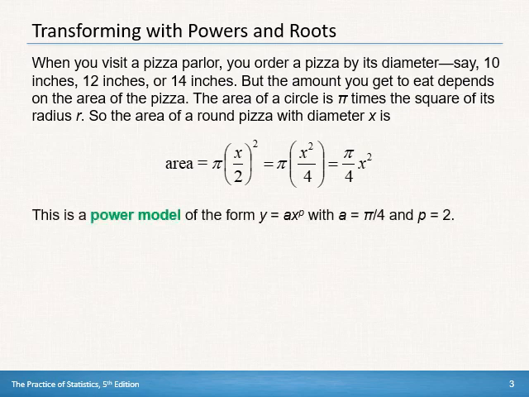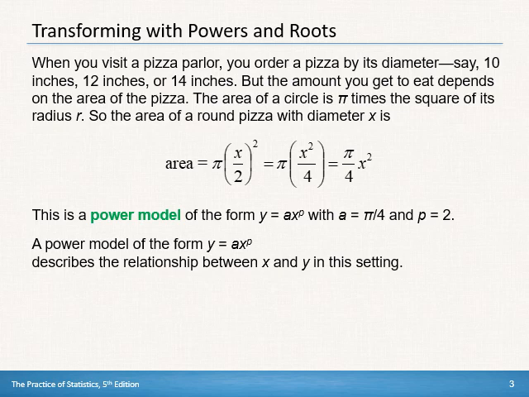All right, and so this is a power model. In this case, y represents the area. A is the coefficient out in front. That's pi divided by 4. Remember, pi is just 3.14, a constant. So pi over 4 is the coefficient in front. And then p, the power that you're going to raise x to, in this case is 2, so it's a quadratic.